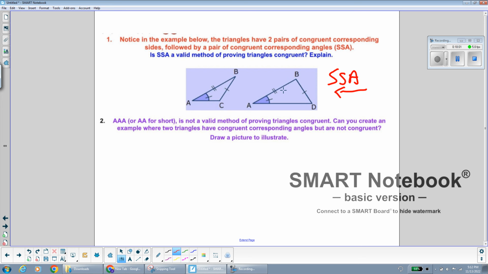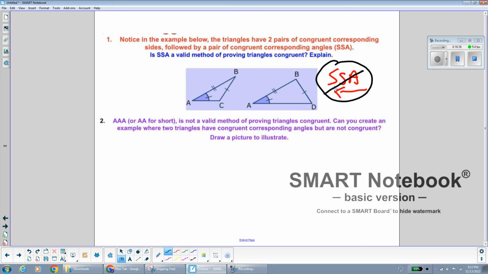They are quite different, even though they have two congruent sides followed by a congruent angle. So SSA doesn't always make congruent triangles. And if something doesn't always make congruent triangles, it's not one of our methods of proving triangles congruent, because we want something that works in any situation, no matter what. So we are not going to use SSA. If you're tempted to use it, if you have the information for it, just remember what it is backwards and say, no, this is not a valid method of proving triangles congruent.